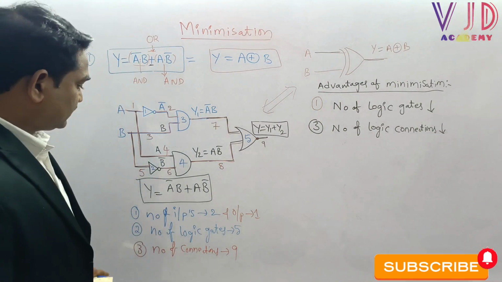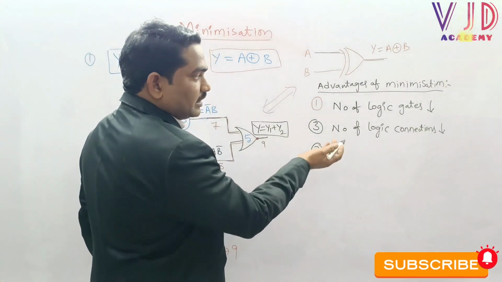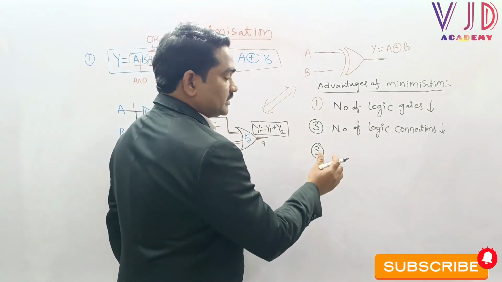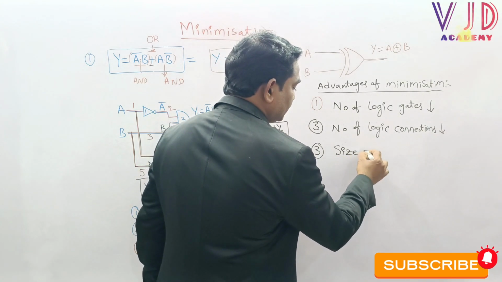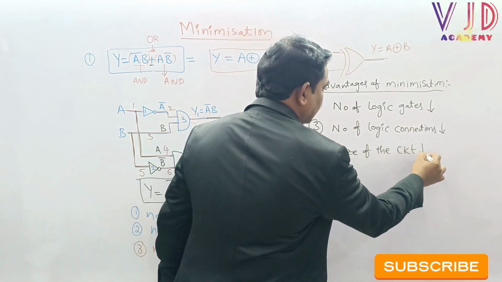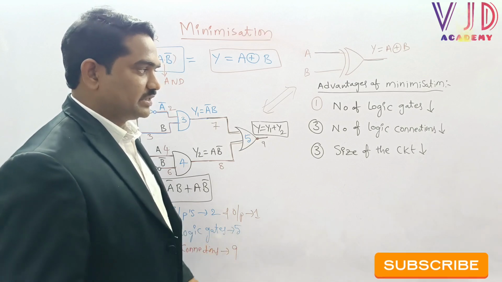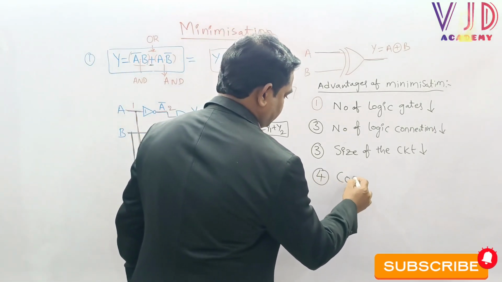Coming to the third advantage, when the number of logic gates is reduced, the size of the circuit is automatically reduced. When the size of the circuit is reduced, automatically the cost of the circuit is also reduced.